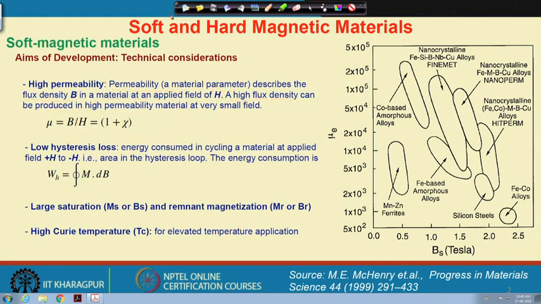On the other hand, we also need a low hysteresis loss. I have a BH curve, where this is the applied field H and I have B here.